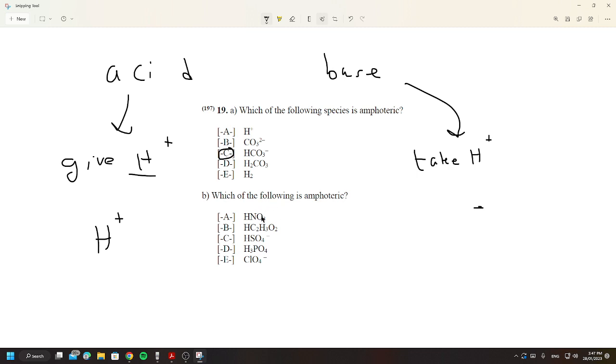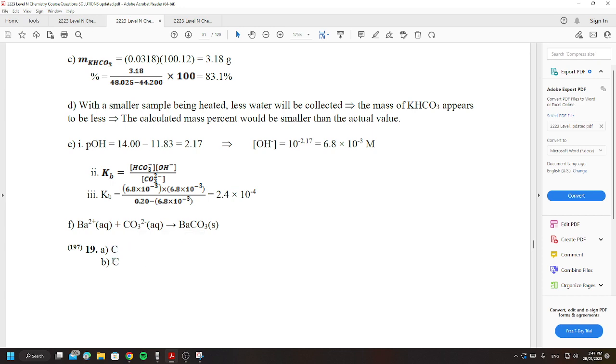Same thing goes for this question. So let's rule out the ones with no negative charge. This, and this. This one doesn't have an H atom, so that goes away. So our answer is C. C and C. Okay, perfect.